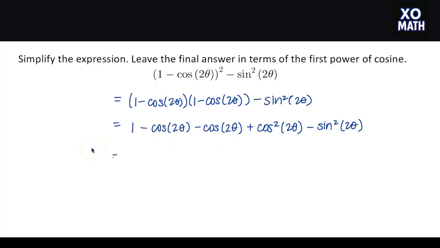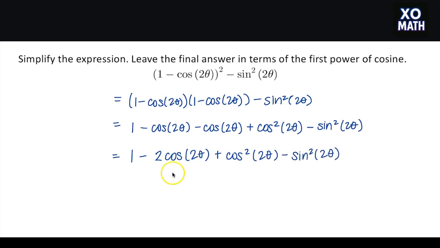So I have 1 minus 2 copies of cosine of 2 theta. These are like terms here. We can add the negative ones in front to get negative 2. And then I have plus cosine squared 2 theta minus sine squared 2 theta.